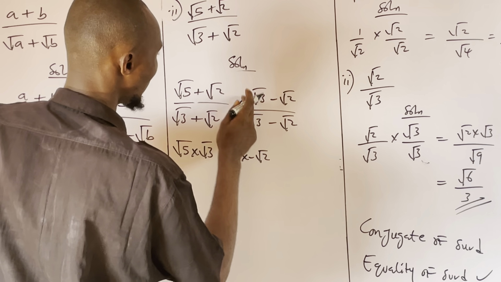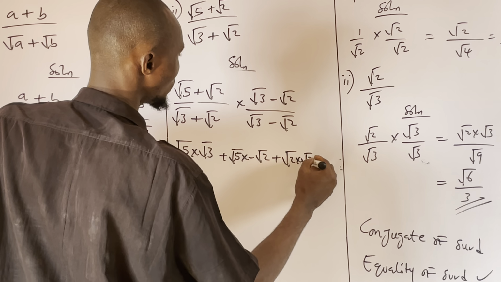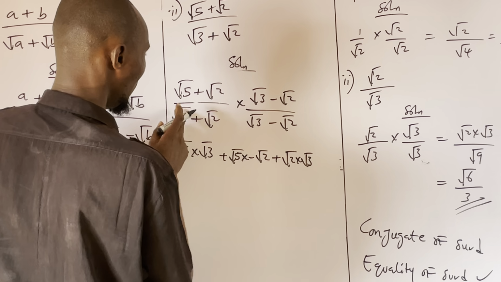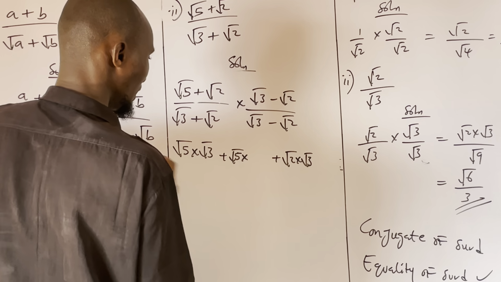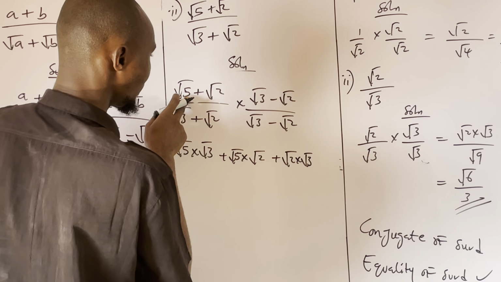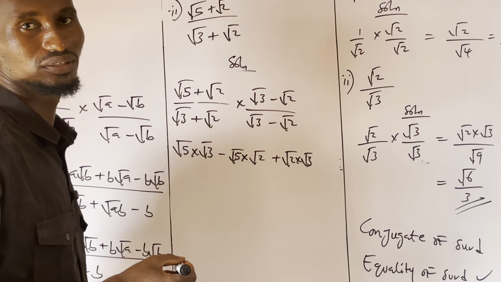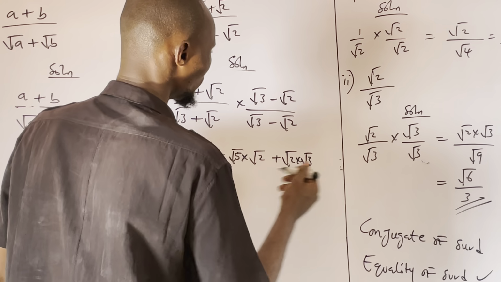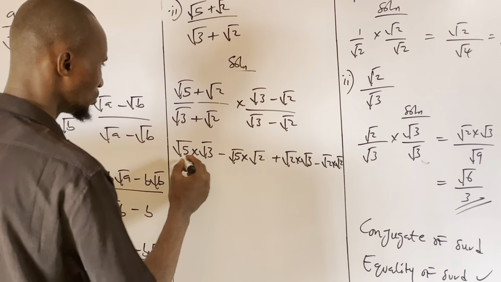This times this will give us plus root 3 times root 2. Here is minus, so this one now will give us minus root 2 times root 2. I believe you can see that, root 2 times root 2.